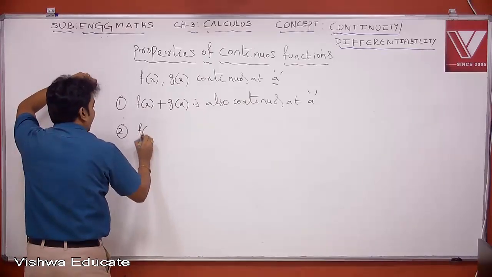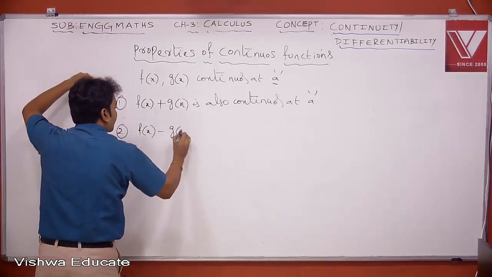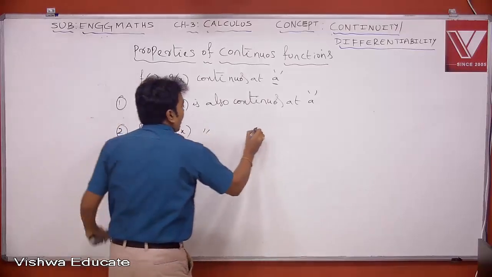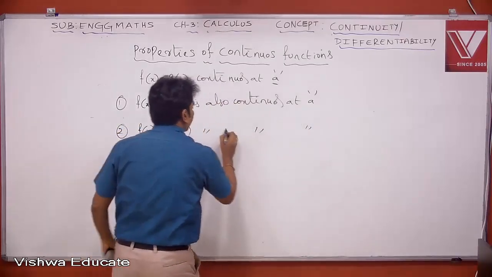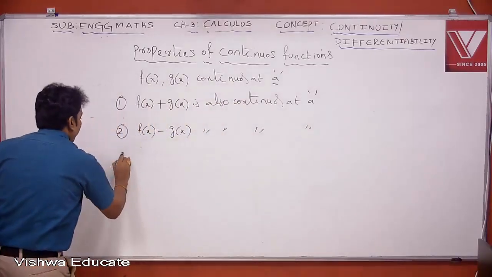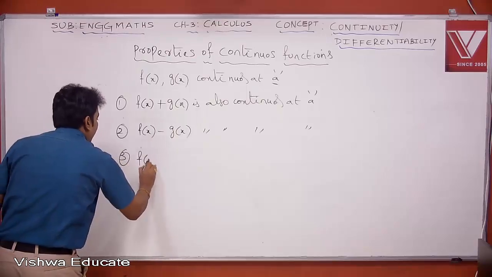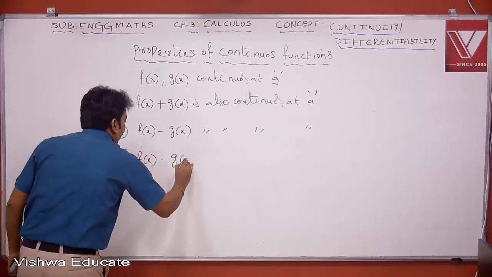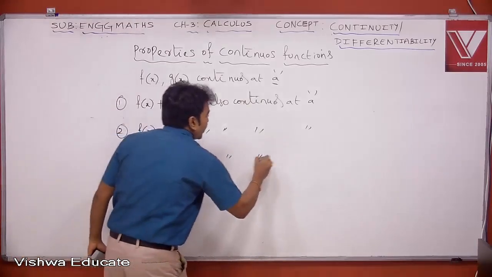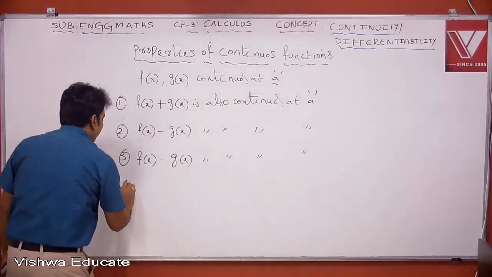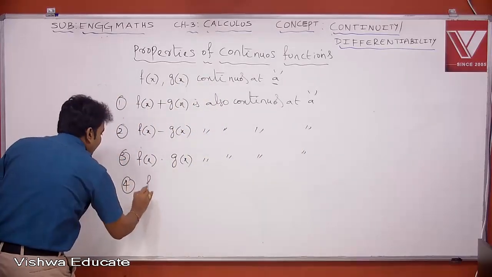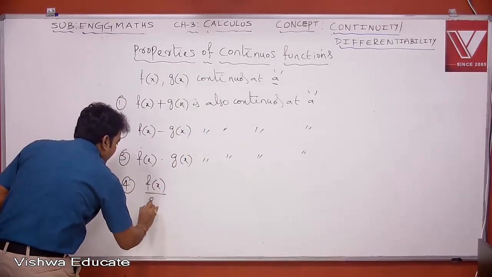Now replace plus by minus. So f of x minus g of x is also continuous at the same point. Now replace minus by dot. So f of x dot g of x is also continuous at the same point. But when you look at the ratio, we get different results.